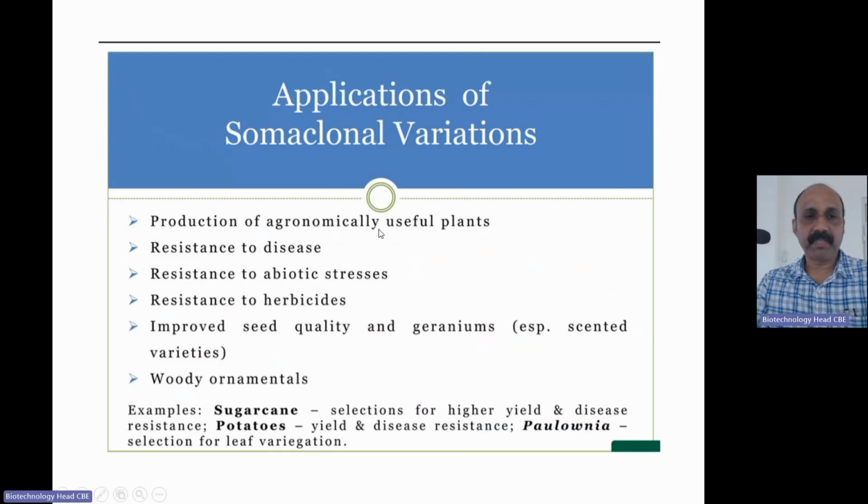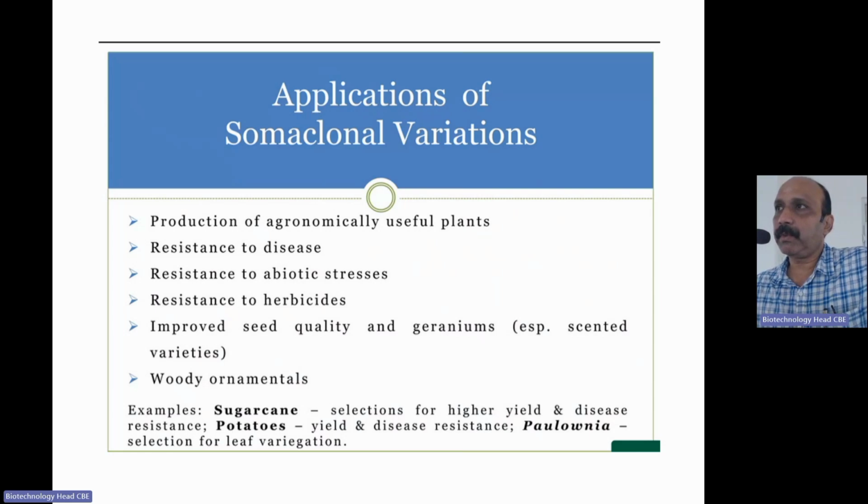The application is the production of agronomically useful plantlets that we would not be able to get otherwise. Just like what we saw, the sugarcane variety that was obtained through somaclonal variation has 2 or 3 characters: drought tolerance, highest growth, recoverability, and also red rot resistance.